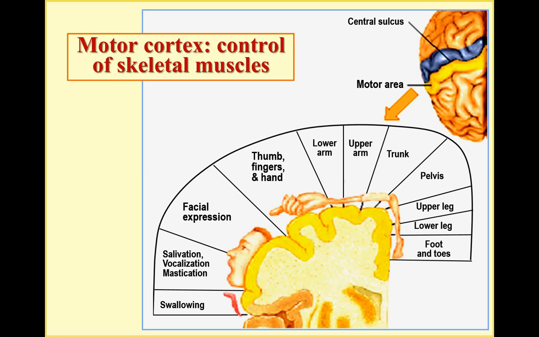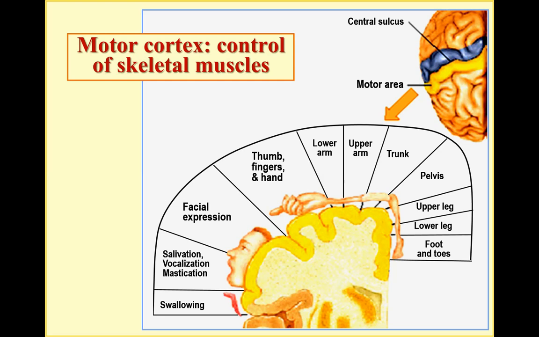You may observe that when the cross-section goes directly through this gyrus, there is a representation of the whole skeletal musculature of the body. If we consider the lower part of the body, it is represented in the medial part of the motor cortex. Then goes the trunk, and finally the most lateral portion represents the head with its face and other muscles.